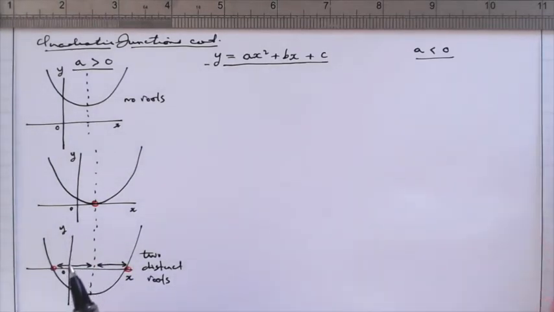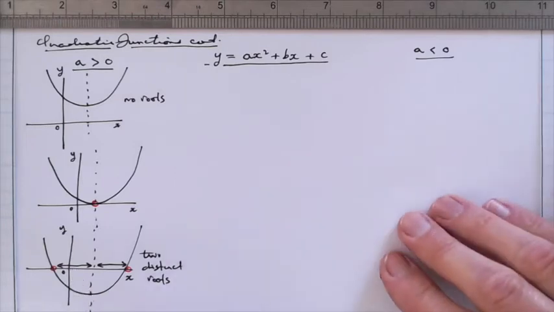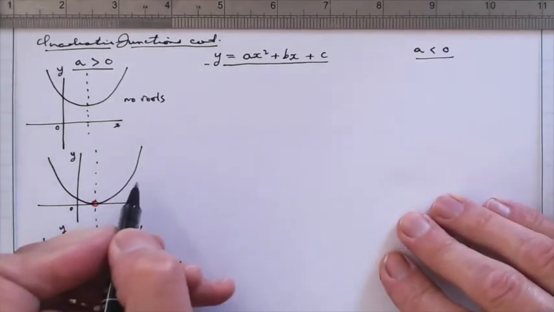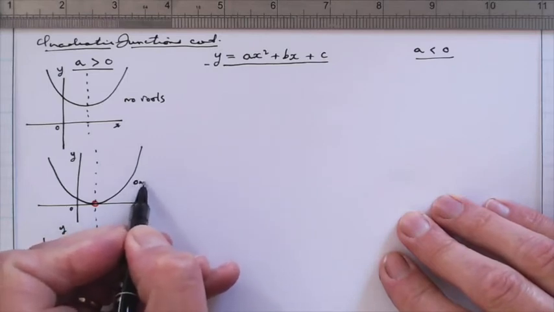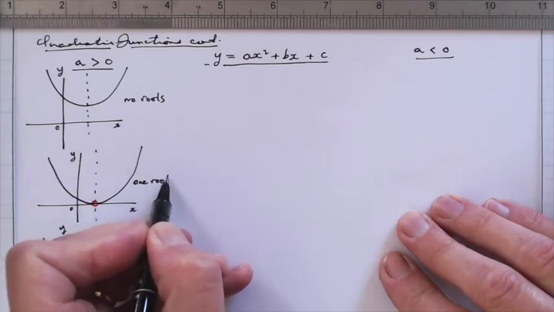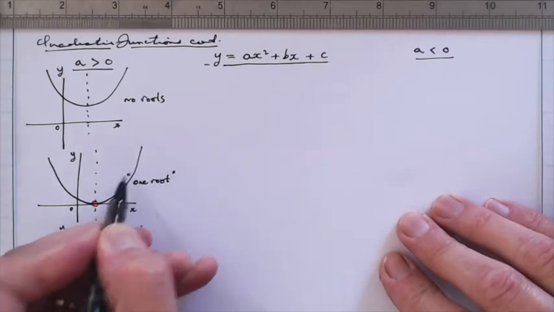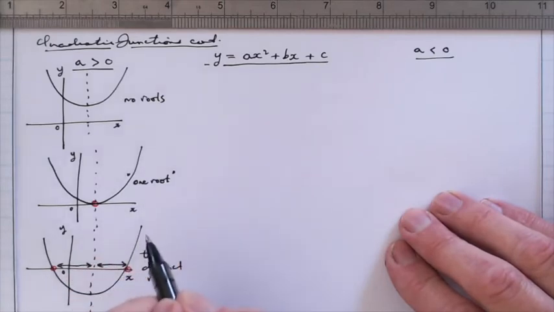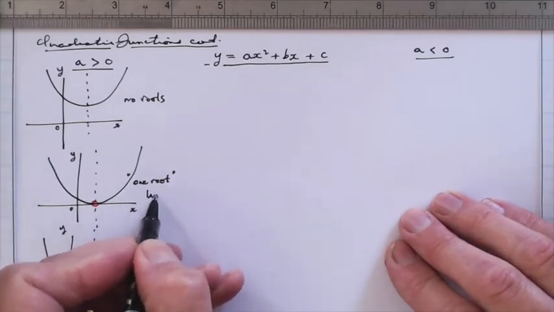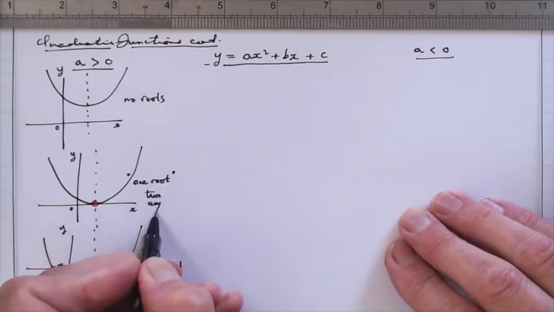This gets a little bit pernickety. In the old days, the way I was taught, we talked about there being one root. I know in the Scottish curriculum, though, students are not rewarded for saying one root. They have to say two equal roots.